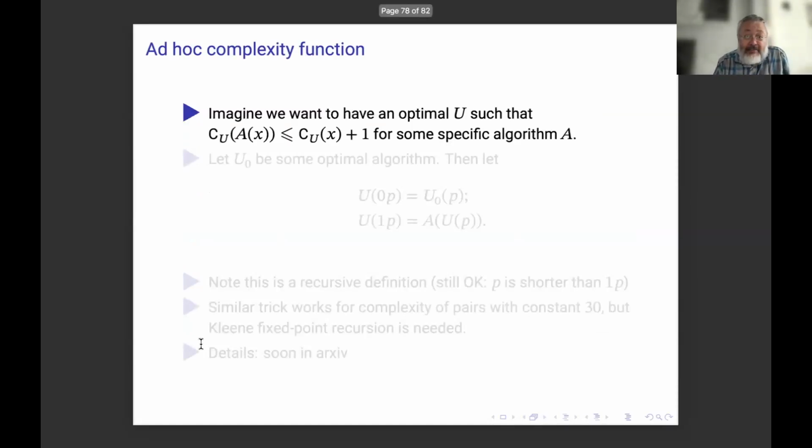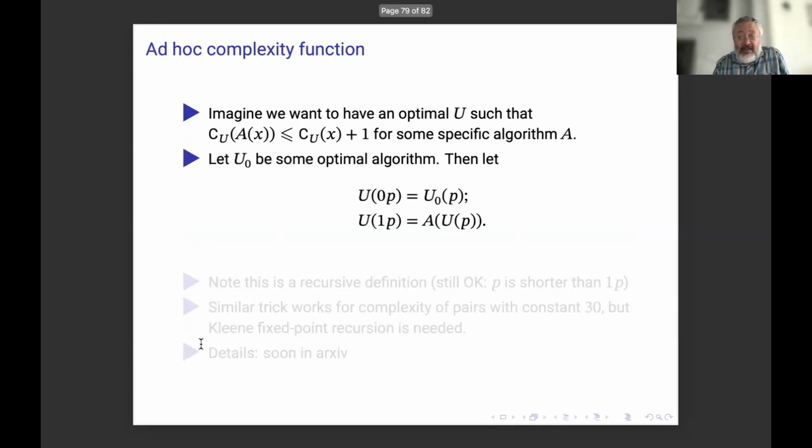This is quite easy if we need some special theorem, for example, that some algorithm doesn't increase complexity by much. Then we just change our universal or optimal algorithm by allowing the specific operations to be included.